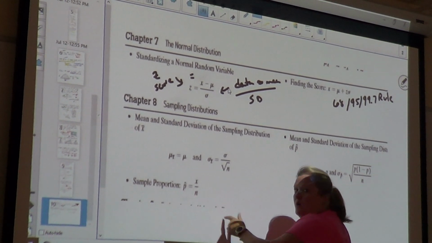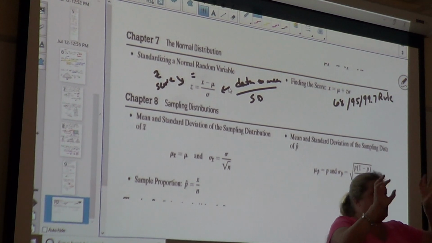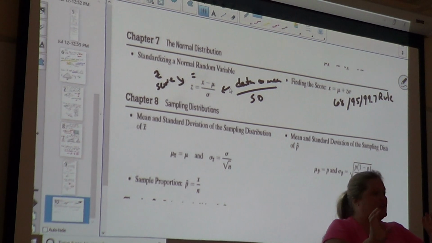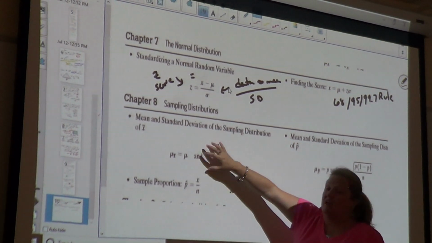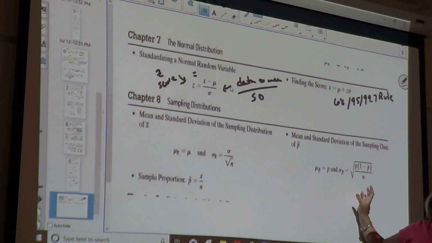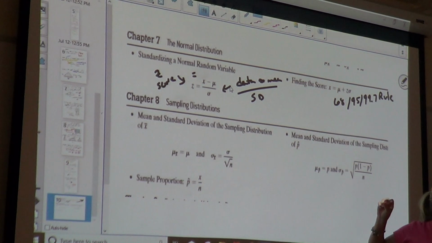But what's not out there are those 2 rules that tell you, is it symmetric or not? N has to be at least 30 for the mean to be symmetric, and P has to be symmetric too. So you're going to have to memorize those.